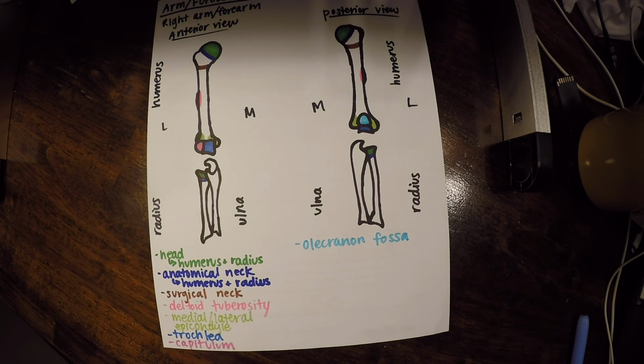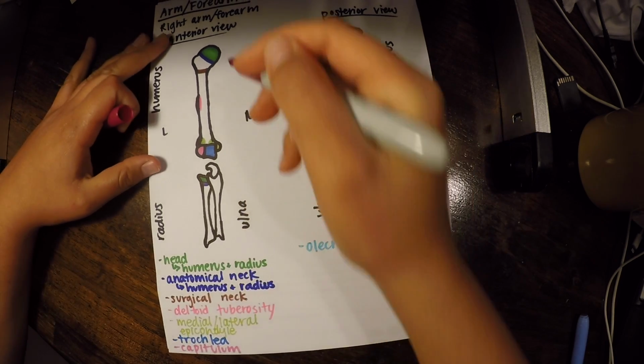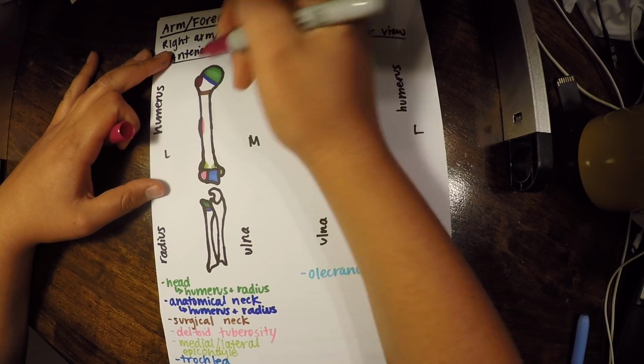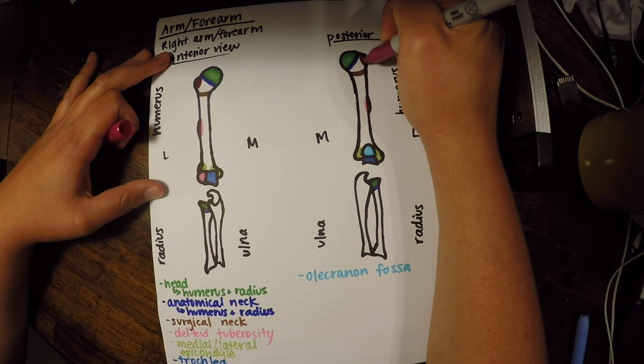Now, I think that covers... Oh, we also have a few more things on our humerus that I don't want to forget about. We have our greater tubercle, which is right here and right here.